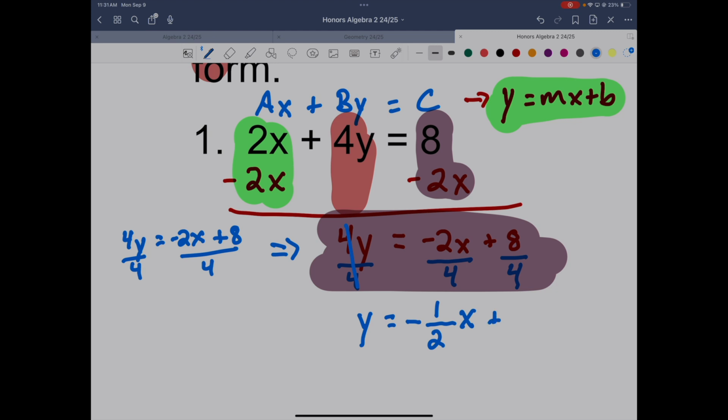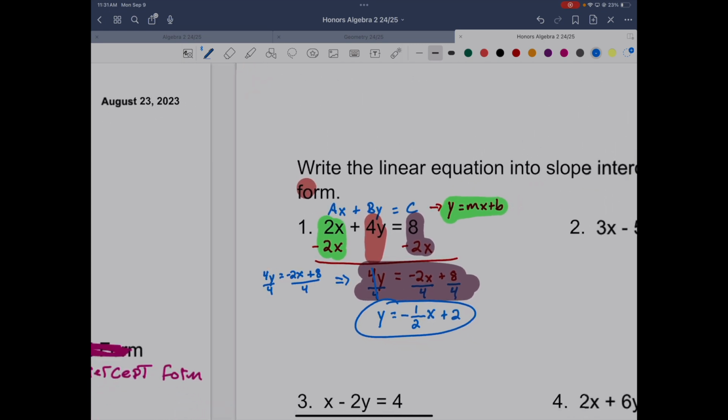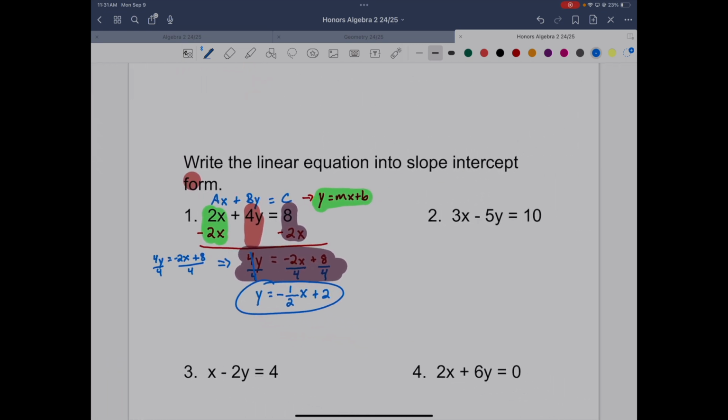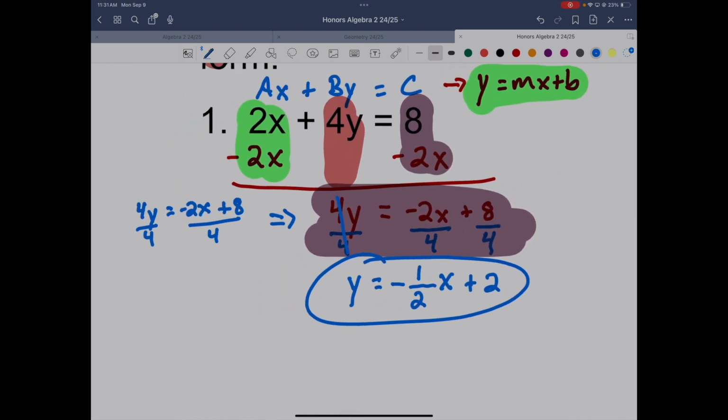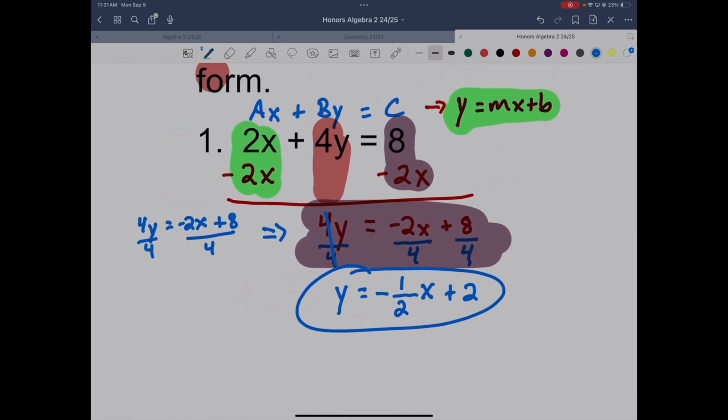Plus 8 divided by 4 is 2. That's our solution to the question. Write the linear equation into slope-intercept form. We've taken it from standard form to slope-intercept form by solving for y.